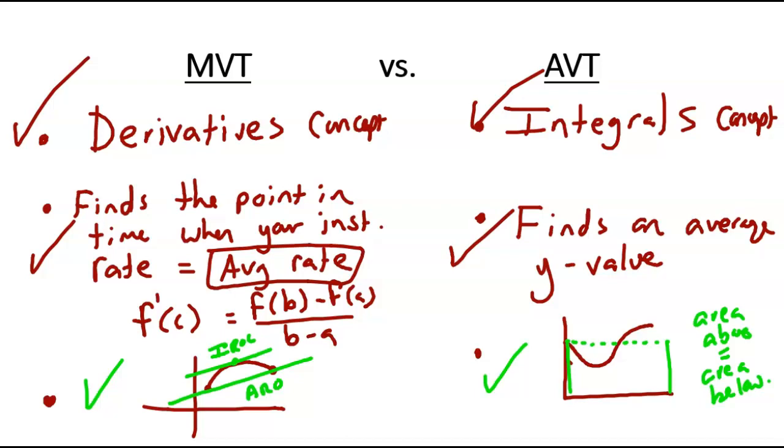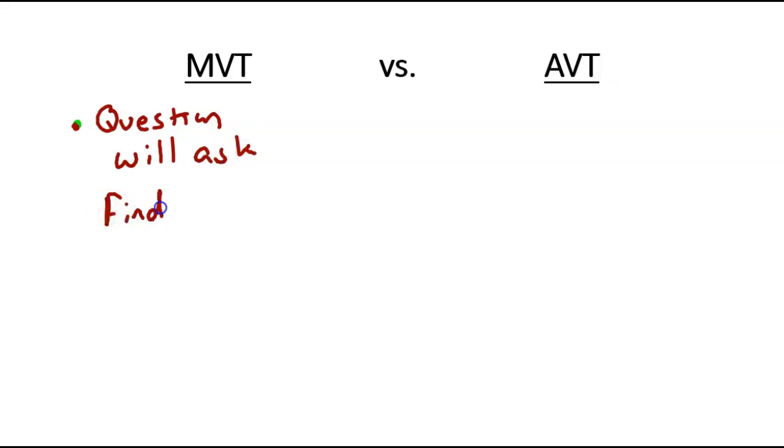Okay? But also I want you not just to know how they're different conceptually, but I also want you guys to recognize how they are different in their processes and how you can identify them in a question. Okay? So let's talk about that. When you need to use the mean value theorem, the question will ask to find the average rate.